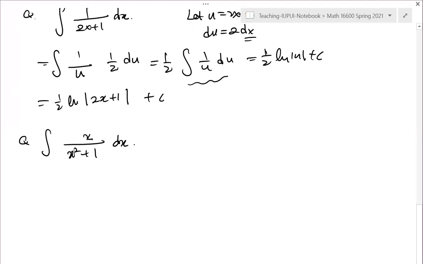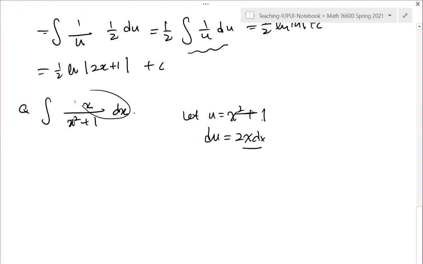You can try this and that, and gradually build up experience, and you can quickly find the right substitution. So for this one, I'm going to let u be x squared plus 1. Then du equals 2x dx. So I quickly do the computation. That's 2x dx, and we only need x dx. So that's the integral of 1 over u, and x times dx is half of du.